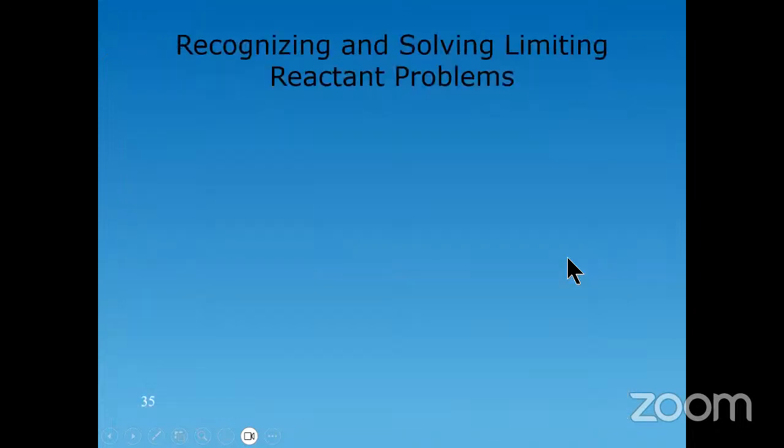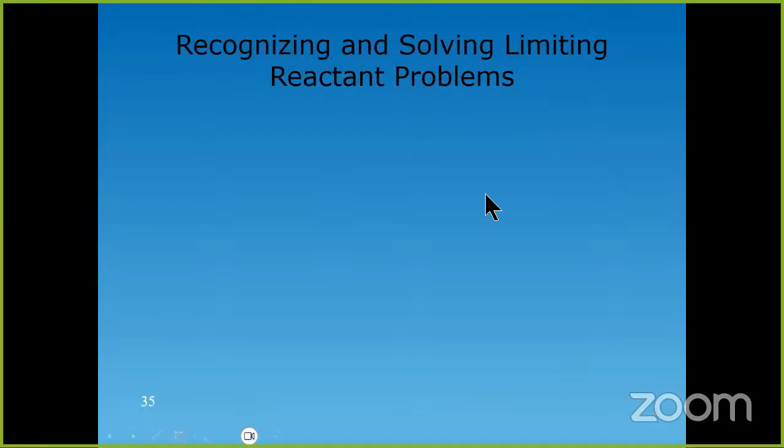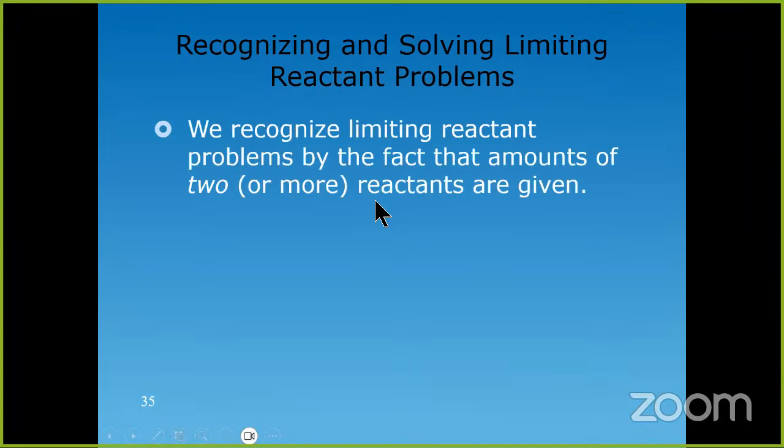So let me move on now to how do we recognize problems involving limiting reactants. First thing you need to do is that basically you need at least 2 or more reactants involved, and you need to be given the amounts of them, all right?